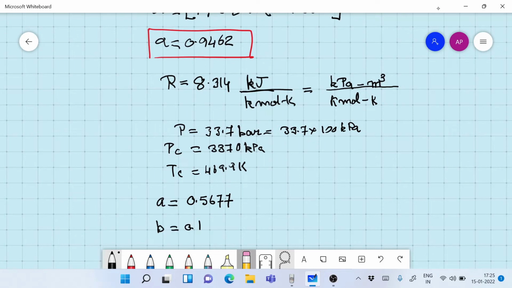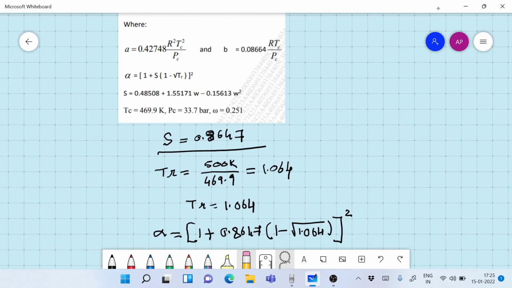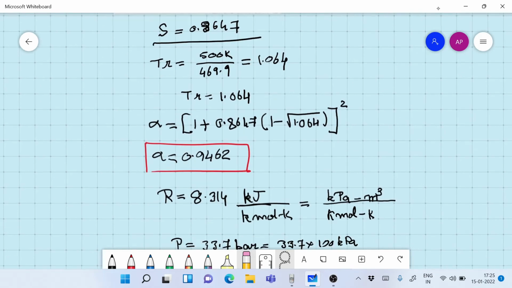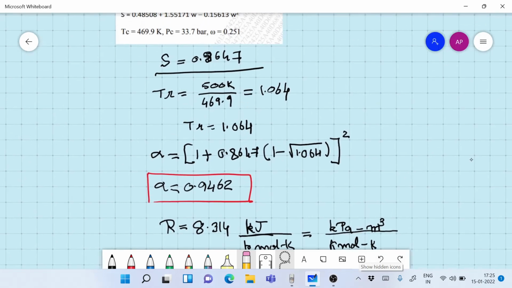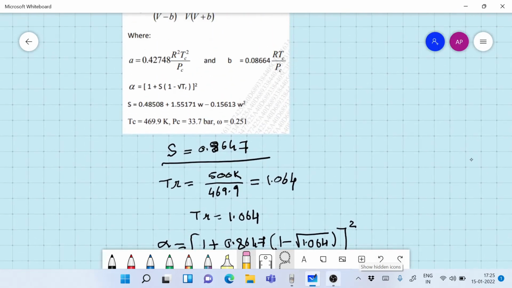Now we made a slight error here. While doing the calculation, we took the value of PC as 3390. So let's recalculate it once again. A quick recalculation for the value of A. Let's do it.